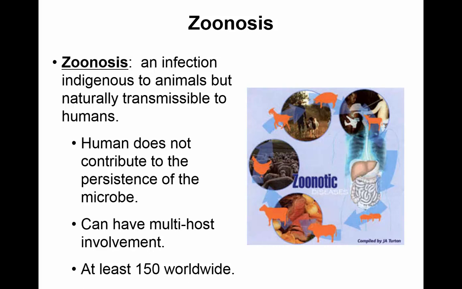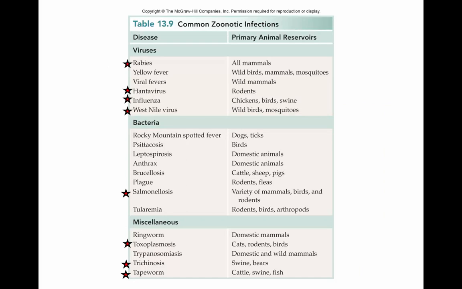Swine flu is another example of a zoonotic organism. Here, figure 13.9 in the old book, 13.10 in the new one, are some common zoonotic infections and how they are spread, the animal reservoirs for them that you'll just look over.